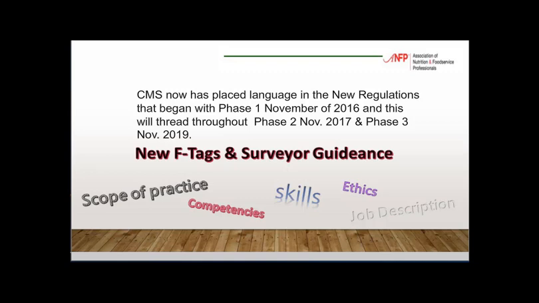So for dietary, we're going to look today at what the new F-tags are in the surveyor guidance. And it kind of involves all those things you see floating at the bottom: competencies, the CDM scope of practice, what our skills are, how ethics is involved, and our job descriptions, so that we can see how that all threads through all of the phases of the new regs and ties into our CDM scope of practice.